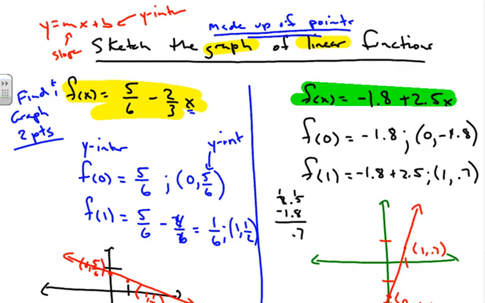And to graph a line, really all you need is 2 points. Y-intercepts are easiest to find, but really any intercept would be great. Plug in values for x, get out the outputs, plot them, connect the dots, and there you go. All right, hope that helped on finding equations of lines, both how to graph them and find their equation.